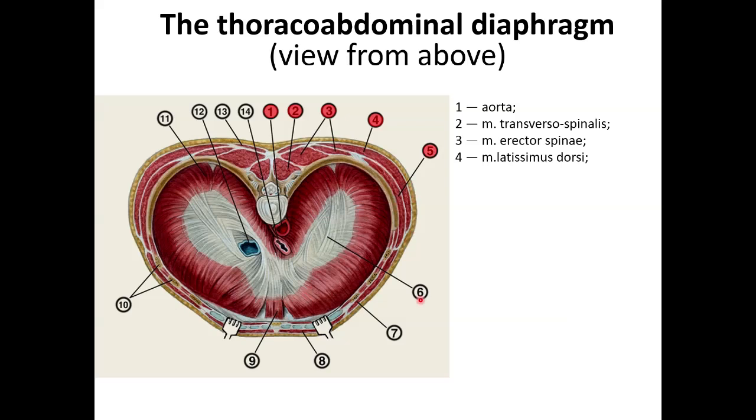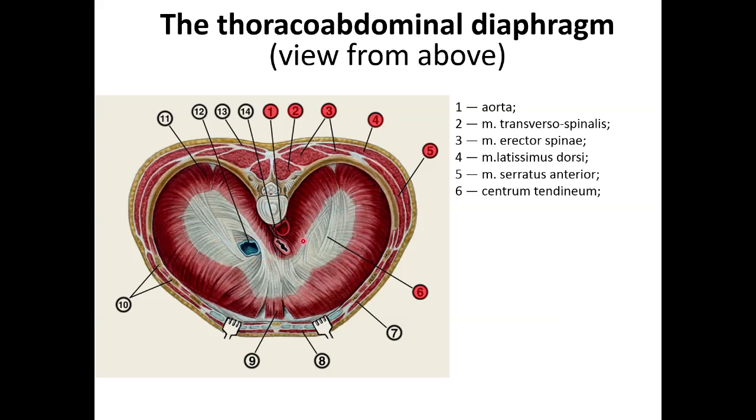And then number 5 is musculus serratus anterior. Serratus anterior. It's a muscle of the body on the lateral side of the chest. Then number 6, this is centrum tendinum.